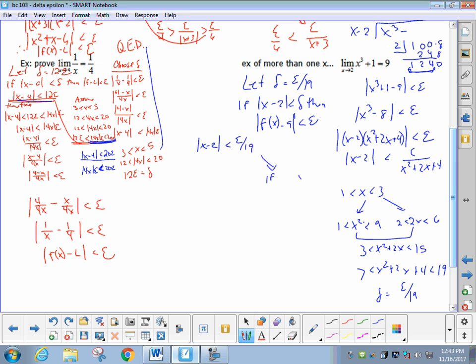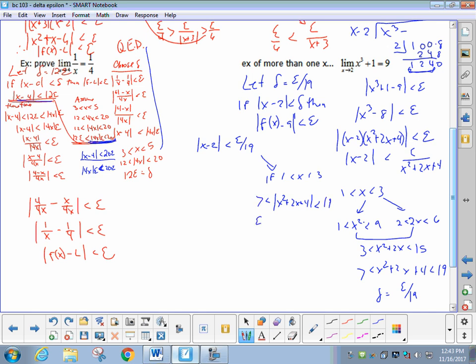If x is between 1 and 3, then x squared plus 2x plus 4 must be between 1 plus 3 plus 7... oh, it's right there, 7 and 19.